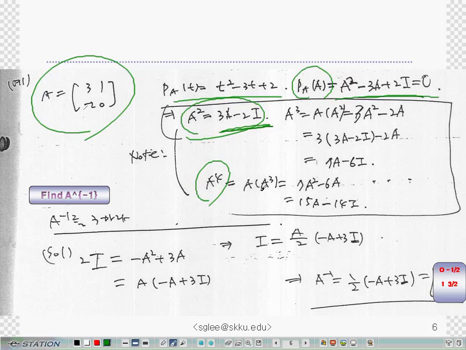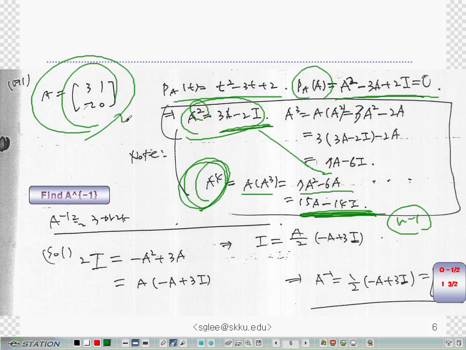And it can also be simplified with this any number of times. So any power of these matrices can be written as a linear combination of the powers of the matrix A, but its degree is at most n minus 1. Here it was a 2 by 2 matrix, but every power of the matrix can be written as a linear combination of the matrices A or I. That's it.